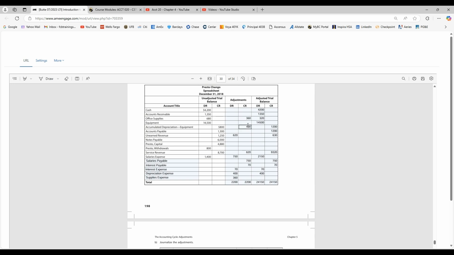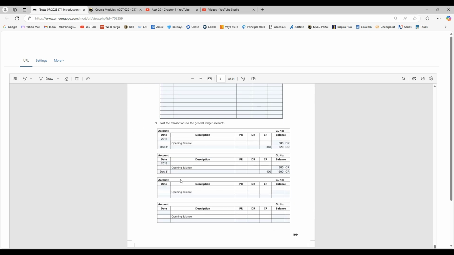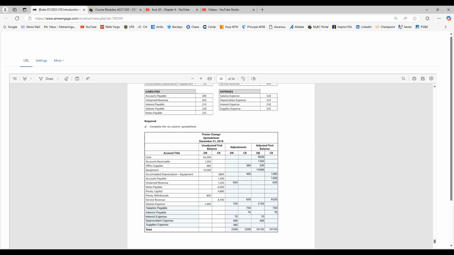Okay, so we did office supplies, accumulated depreciation. The next one we want to do is unearned revenue. When you guys are doing this by hand, just write unearned revenue up there in the account name spot. I can't do it in the inputs here because it's glitchy. The beginning balance in unearned revenue was 1,250, so you can see that there.